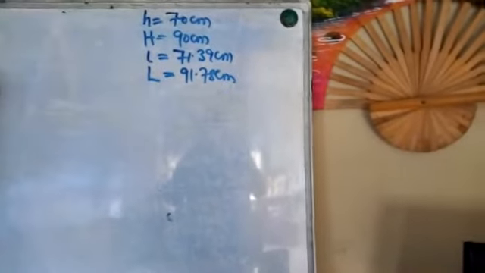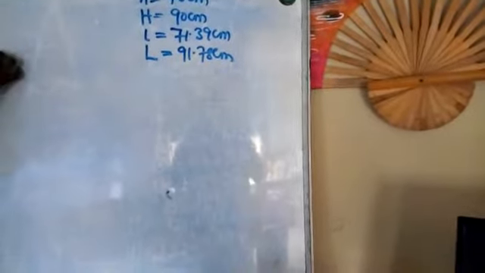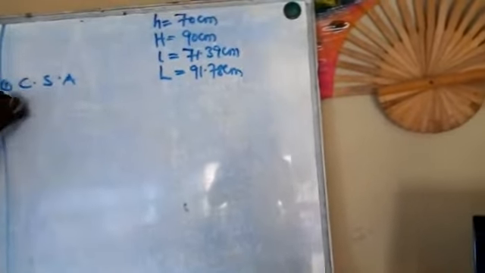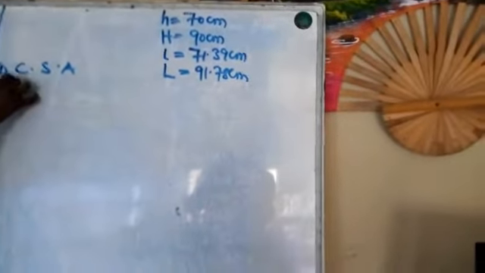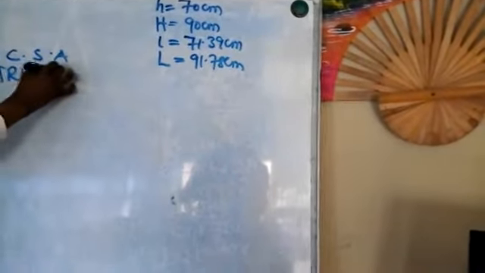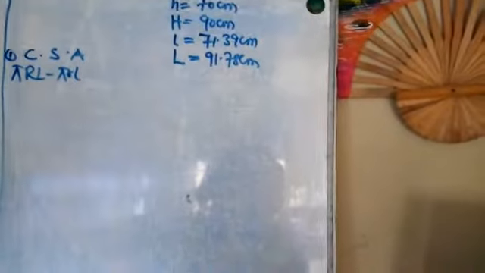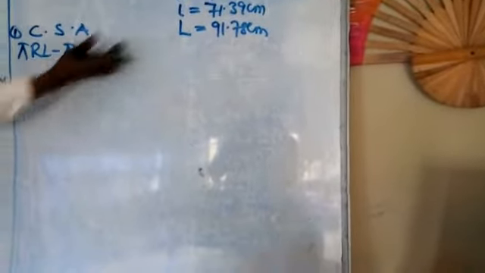So number one, we have to find the curved surface area of the frustum of the cone. I will give the formula as pi R L minus pi r l. It's just for us to plug in our values.